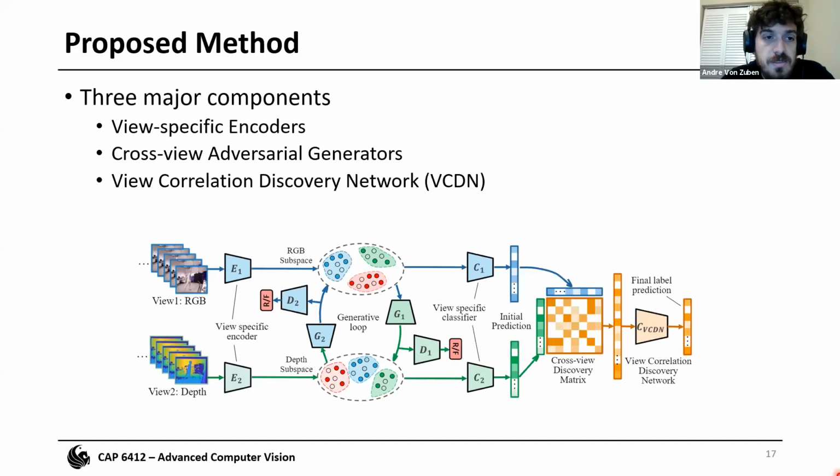And the last one is a view correlation discovery network that, instead of just summing or concatenating the results, tries to discover the cross-view correlation between the views to output the final label prediction.